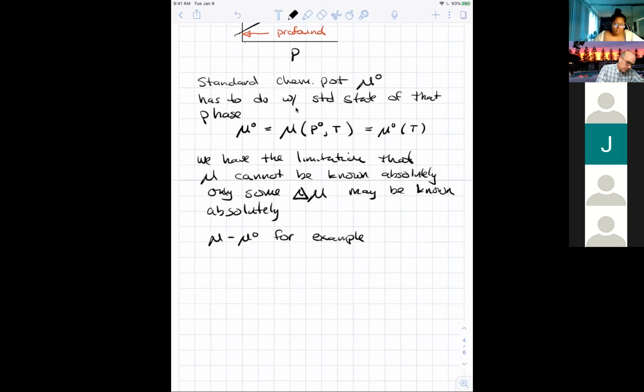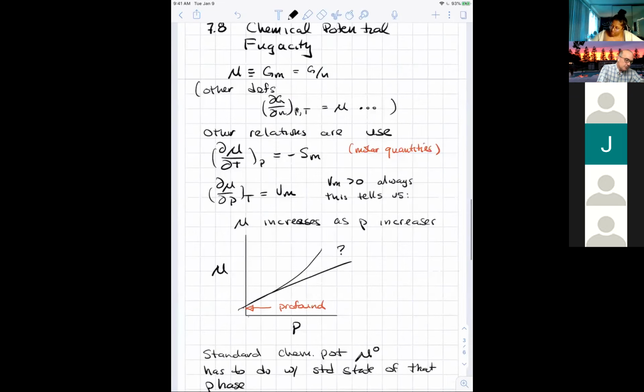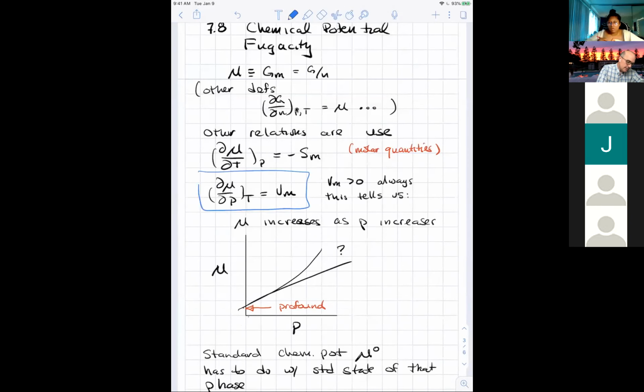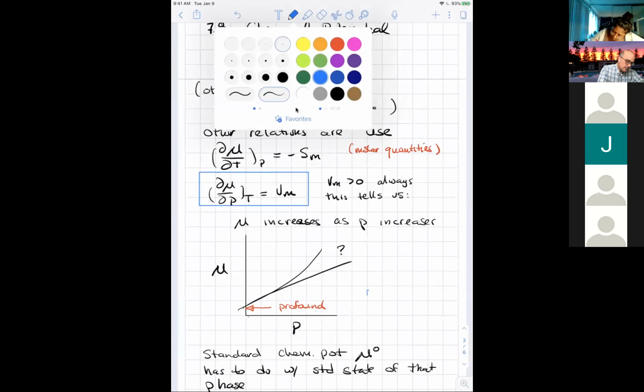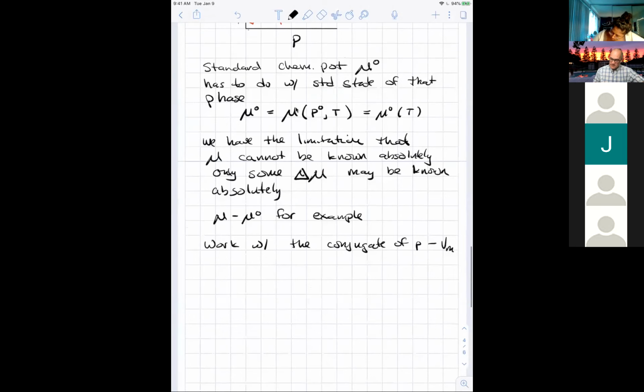Okay, so let's work with the conjugate of pressure. This is, of course, volume, and let's work with molar volume. And so what I want to do is remind you that we have this up here, right? So we have this relationship between chemical potential, pressure, and the molar volume, which is very handy.